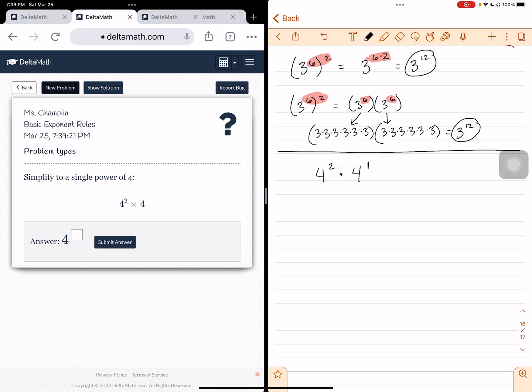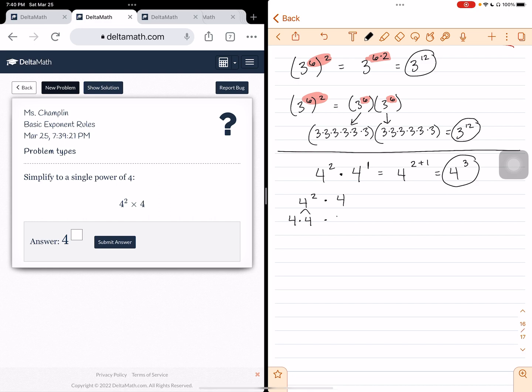Okay. So if we were to use the product rule, because two things are being multiplied here, it's going to be 4 to the power of 2 plus 1. This is really 4 cubed. This is because if you were to use the expansion rule, just like this, 4 squared is really 4 times 4.